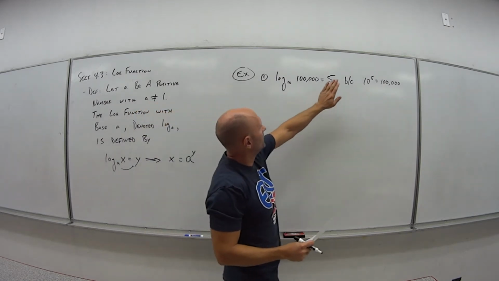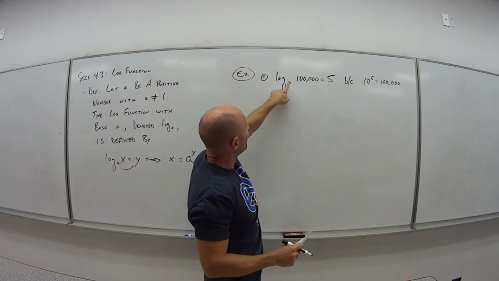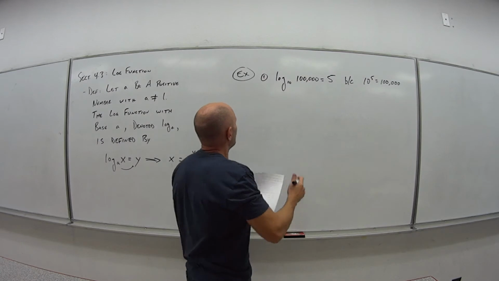So if I didn't get 5 as an answer and I had to simplify this, I'm asking myself 10 to what power is equal to 100,000? 10 to the 5th power.